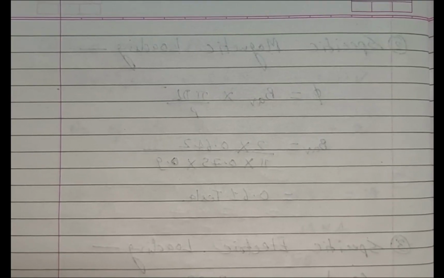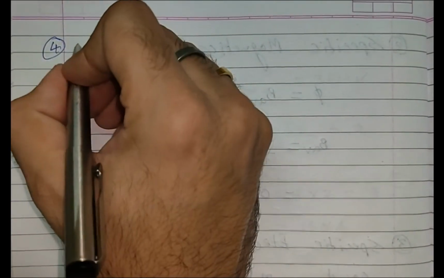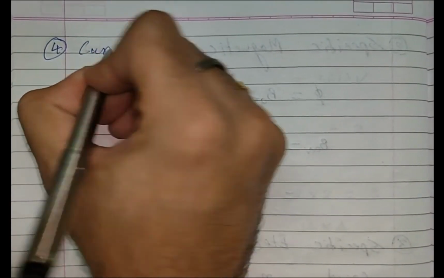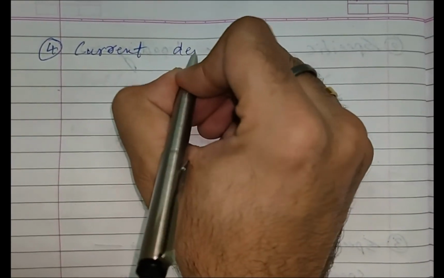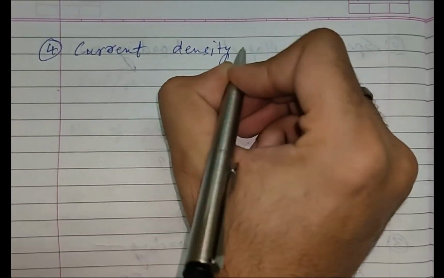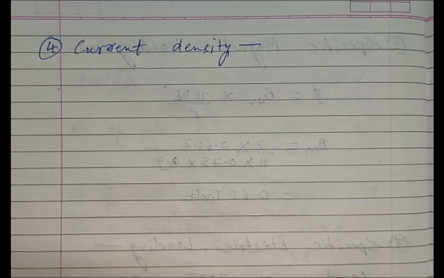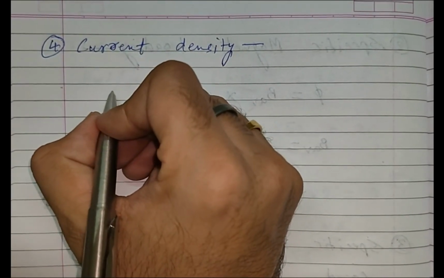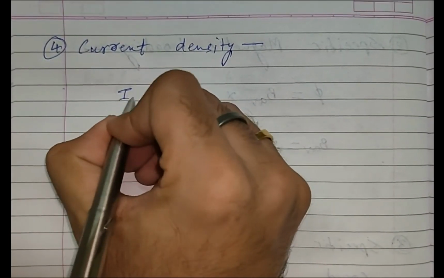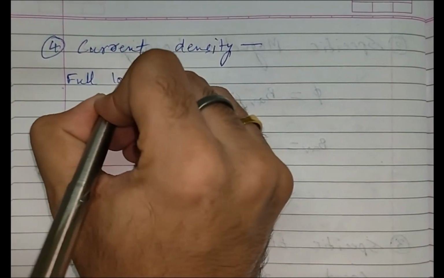Now moving to the final part of the question, which asks us to find the current density. For that, let us first find out the full load current per phase, or let's say IPH.